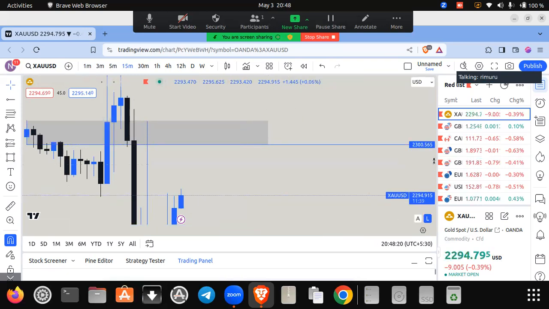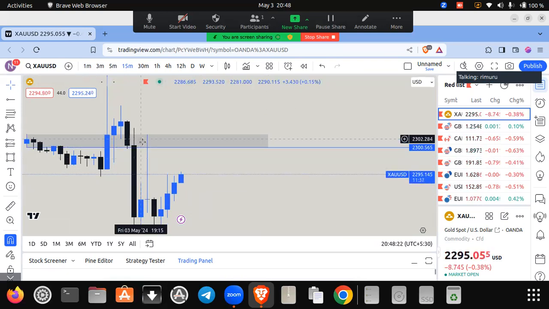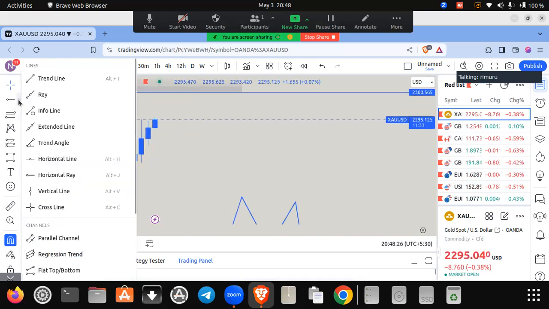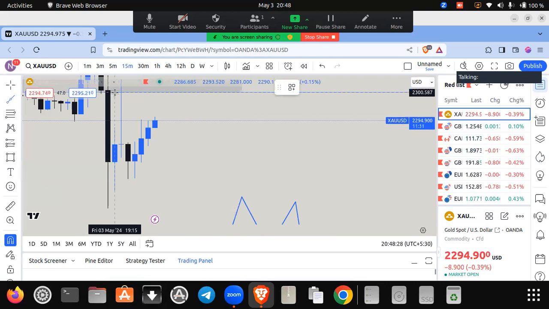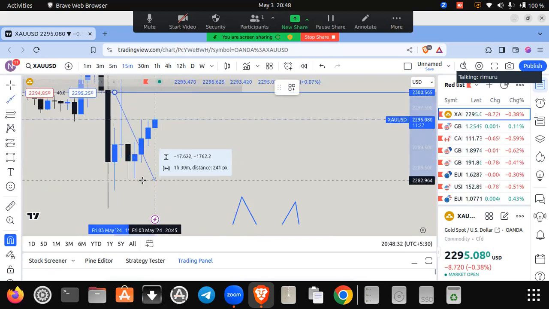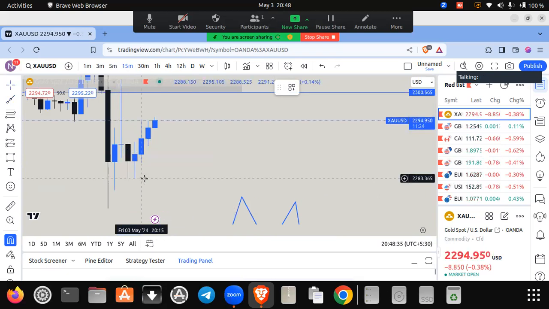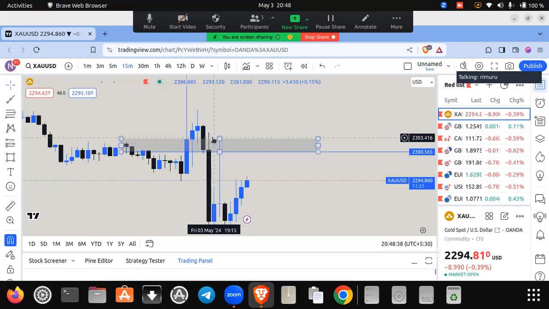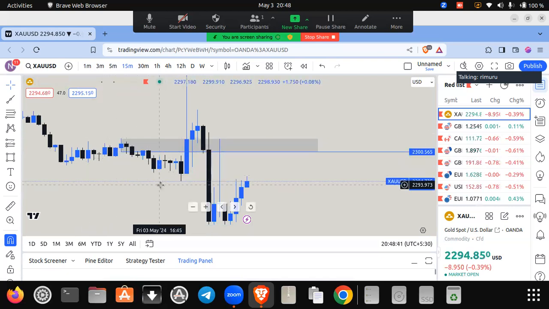And as you can see, the price retested this zone and dropped from here to here, 170 pips. Price drops 170 pips from the hidden engulfing sell.